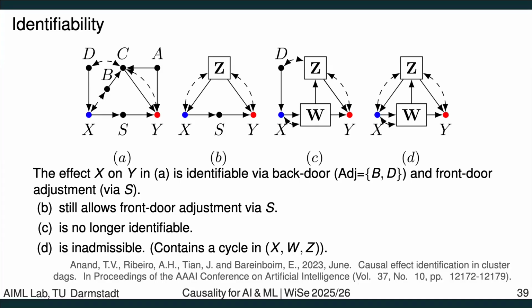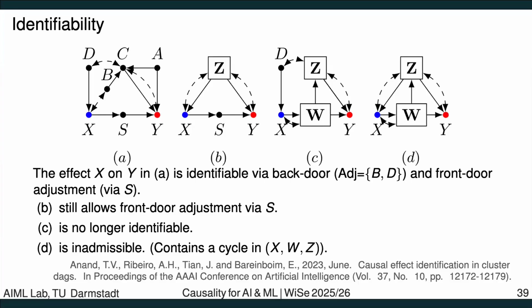We have this intermediate variable S that allows us to do front door identification. And although it's a bit tricky, if we condition on B and D, for example, we are able to block all the backdoor paths. So we could apply backdoor adjustment.